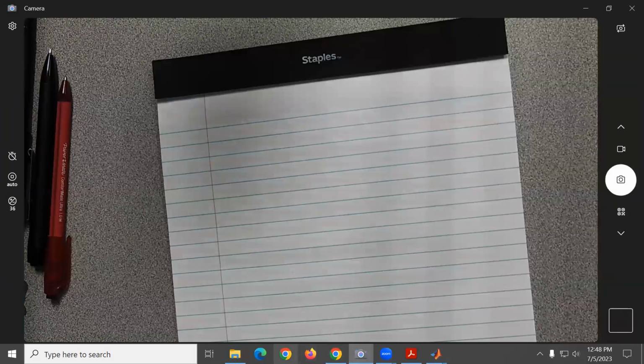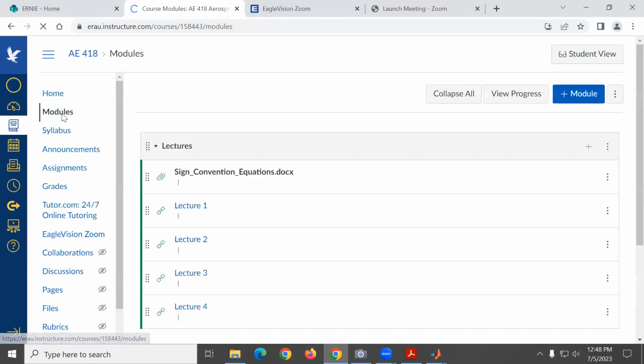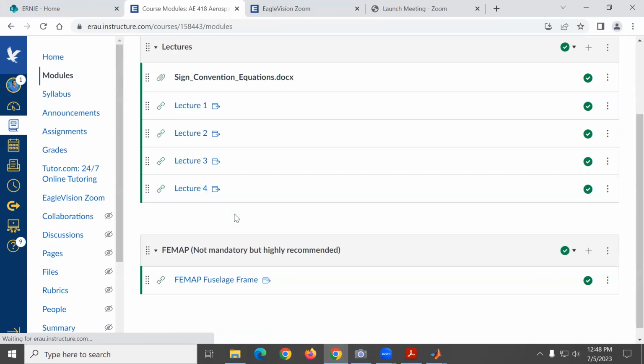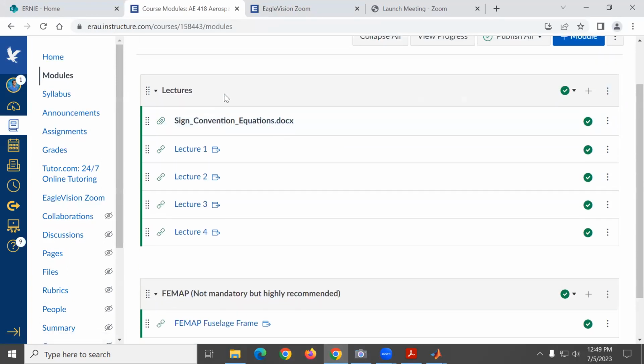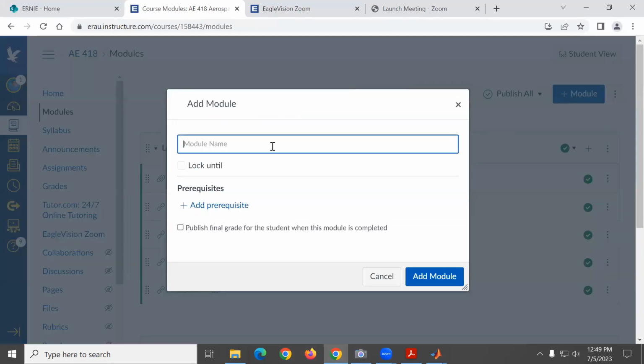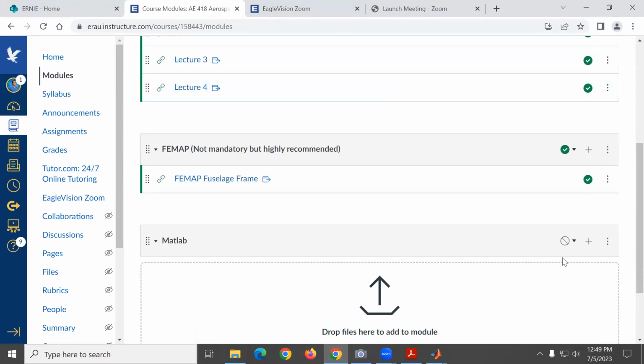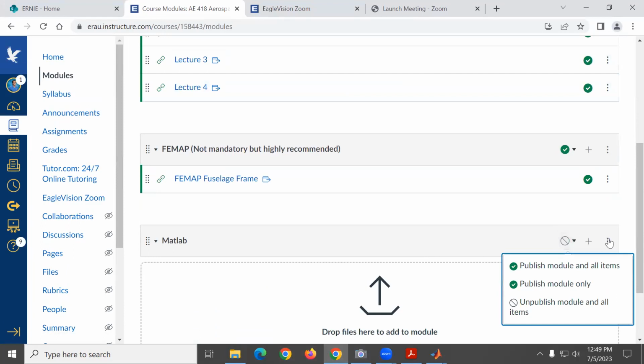So, all right, let's see, modules. Can I put it just over here? Do you want me to put it within the existing one, or do you want me to get another module? Let's get another module, in case I give you another MATLAB code. So MATLAB code.